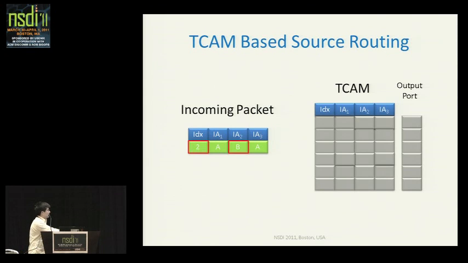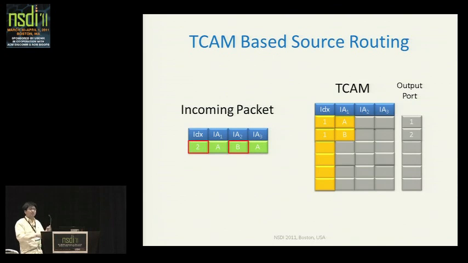First, we set the index and all the intermediate addresses as the lookup key. Then we set the index and the corresponding intermediate addresses as cared fields and other non-corresponding fields as non-cared fields. For example, here we set the index as a cared field. Then for index 1, we set the first intermediate address as a cared field. Since the first intermediate address may have multiple values, we enumerate all possible combinations and generate, for example, here are 2 entries for index 1.